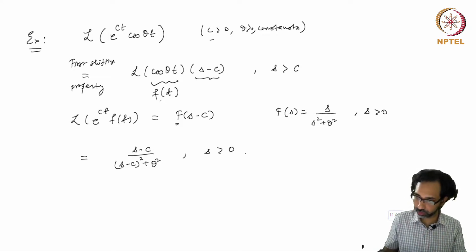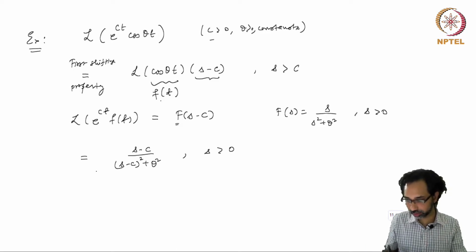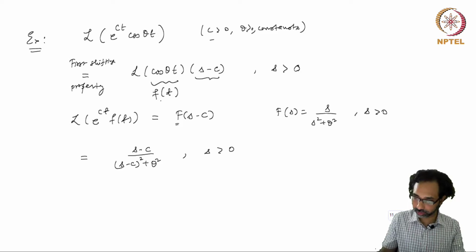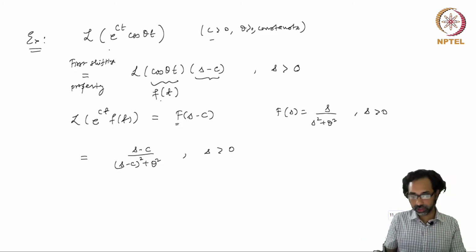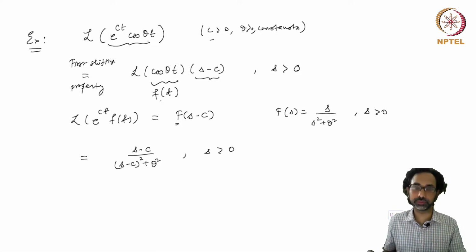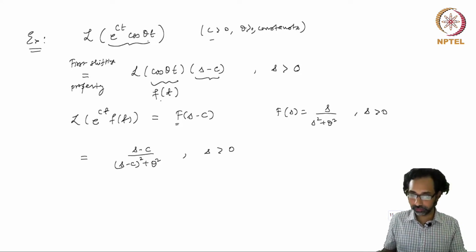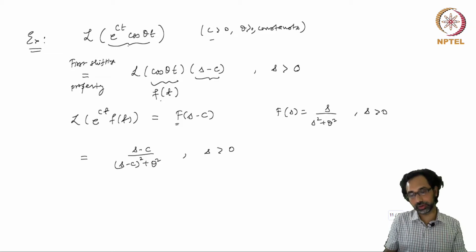So in fact we don't need it to be greater than c, this is well defined on the region s greater than 0. In this way we can apply the first shifting theorem to compute the Laplace transform of any function which is multiplied by e to the power ct in the input function.